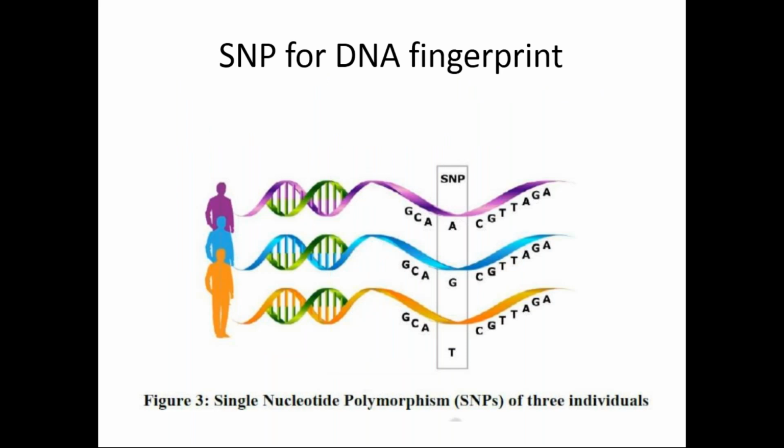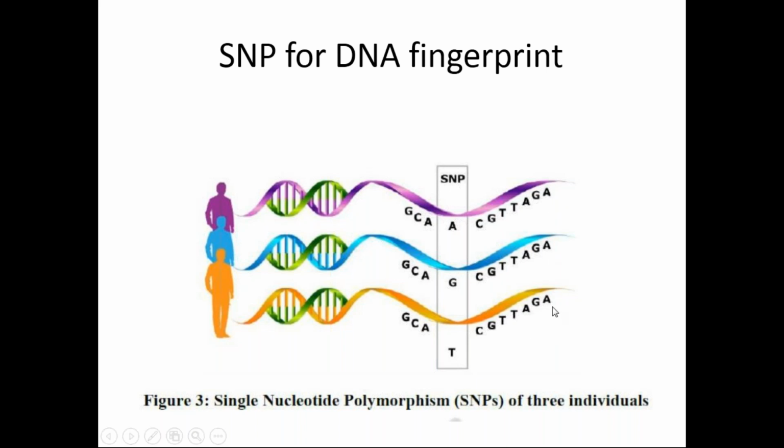So, dear participants, you can see here the SNP for DNA fingerprinting. How will you identify the individual, or how is this SNP responsible for differentiating individuals? You can see here, this one is the first DNA. These DNAs originated from three different individuals, so they are individual-specific DNAs, and in this genomic DNA this region is an SNP region.